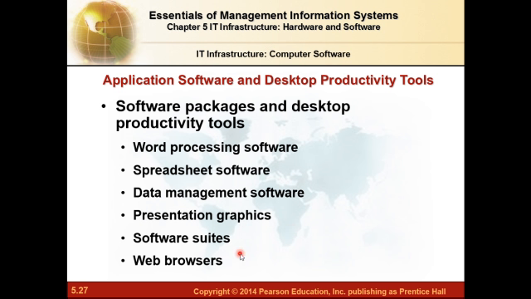Software suites is the Microsoft Office, which has a bundle of word processing, spreadsheet, data management, and presentation graphics software. And then web browsers such as Chrome, Google. All these are software packages and desktop productivity tools that the customer or user can use.